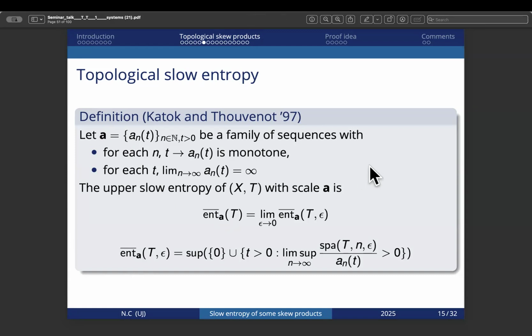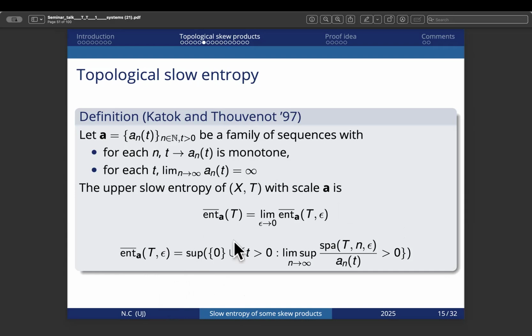So the upper slow entropy of a topological system with scale A is defined as follows. It is denoted like this number, which is defined as the limit of this new number, which depends on epsilon. So the upper slow entropy with scale A of T that depends on epsilon is defined as this quantity.